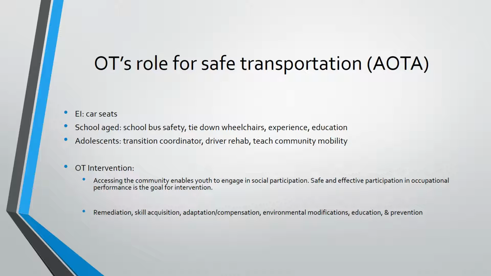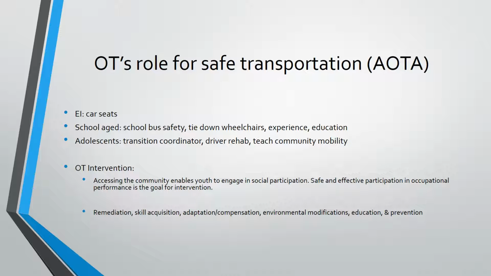So our OT intervention, assessing the community, things to keep in mind, assessing the community enables youth to engage in social participation, right? That's why youth are spending more and more time out of the home, because they're socializing, whether it be with their friends, whether it be with their jobs, whether it be with individuals in the community.